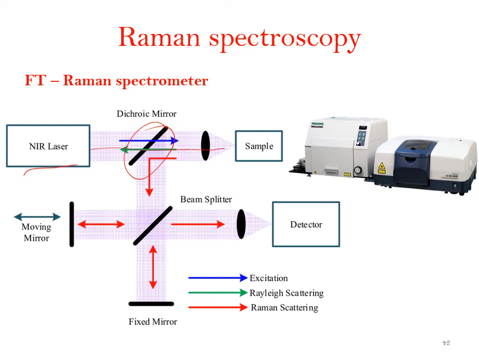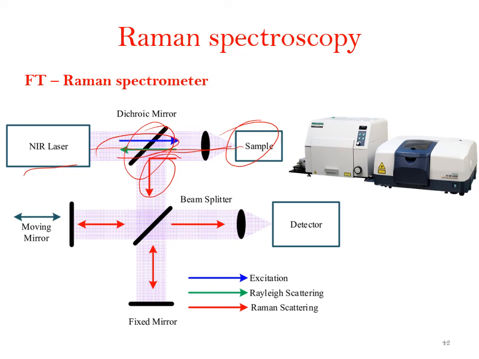This laser light will be applied to the sample. The scattered light from the sample will be collected on the dichroic mirror, and this dichroic mirror or filter will select only the Stokes, which has less frequency or less energy, and rejects the others. High energies will be filtered out because we are interested in the Stokes only.